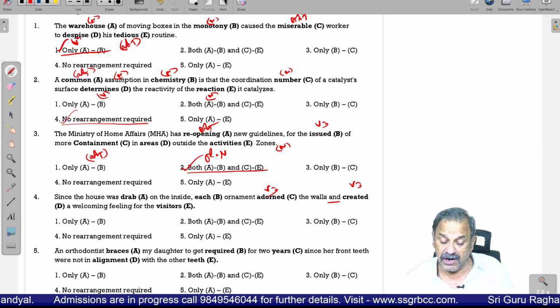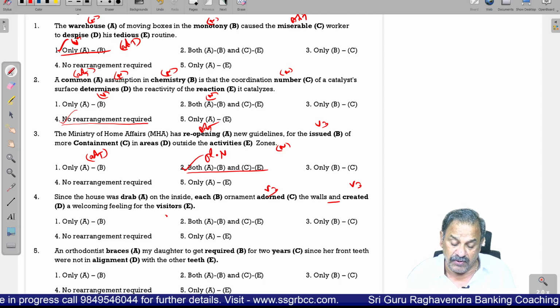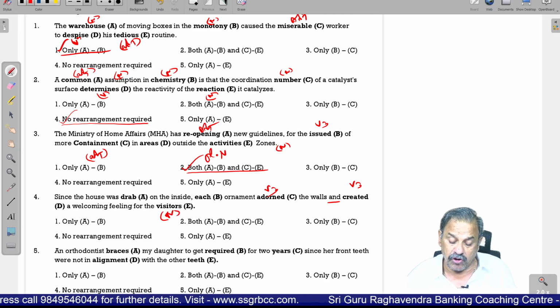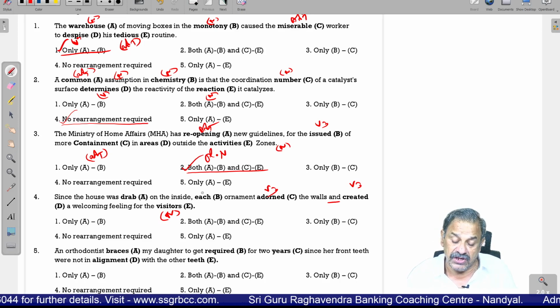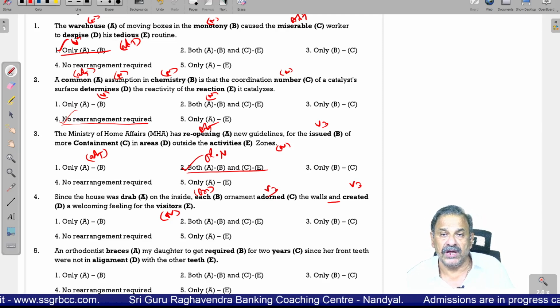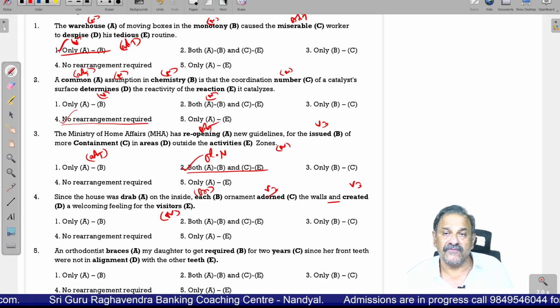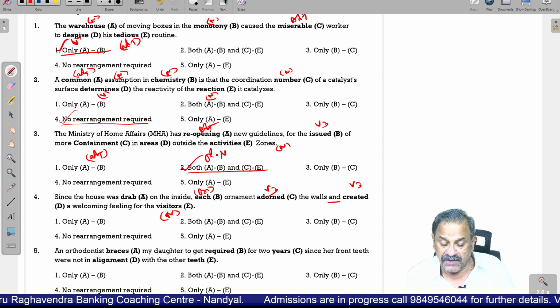Adorned the walls and created a welcoming feeling for the visitors. After the article we have to use noun. It is also correct. Each ornament, each and every ornament, this is pronoun. Each, every, either, neither, nobody, somebody, someone, something, nothing, anything, few, all, several, they. All these are pronouns, indefinite pronouns.